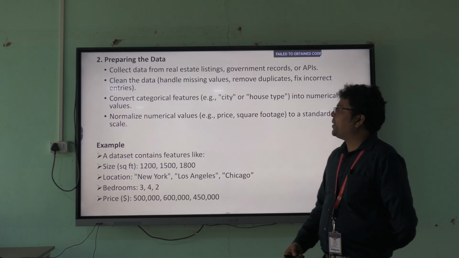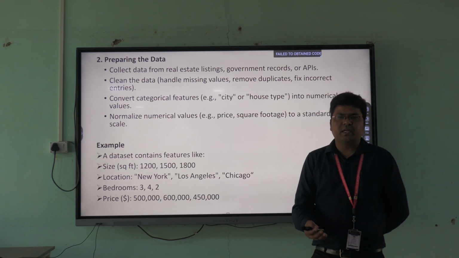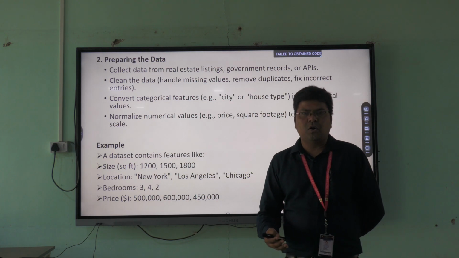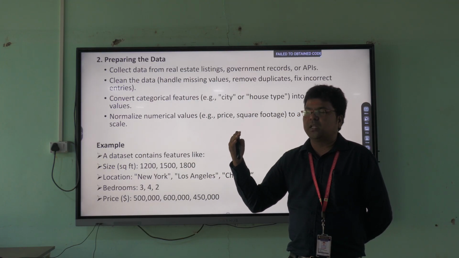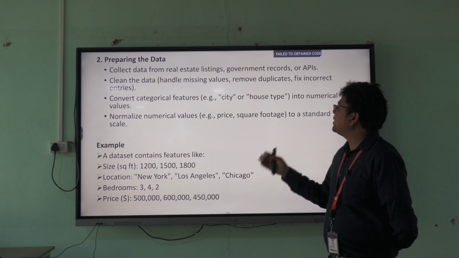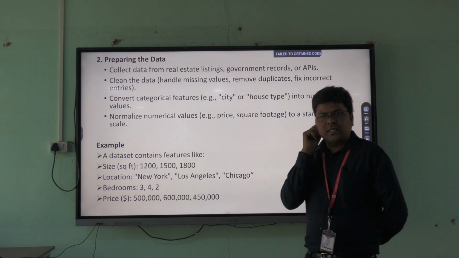The second one is preparing the data. The data can be prepared from various sources, or we can take the data from real estate agents or the building construction people, where we have already done many projects. So we can take the data from real estate listings and government records. Then we must clean the data.